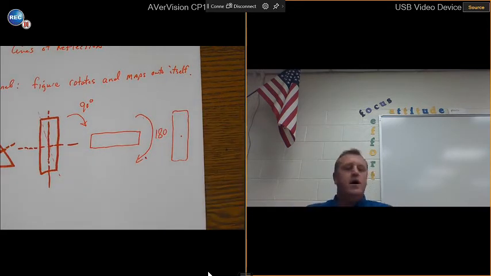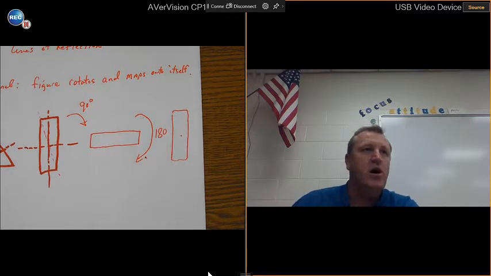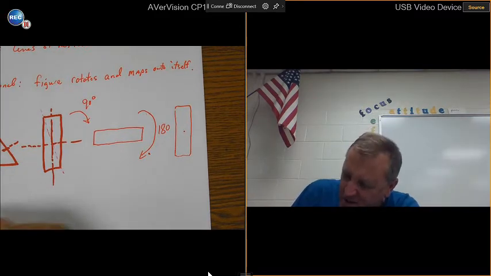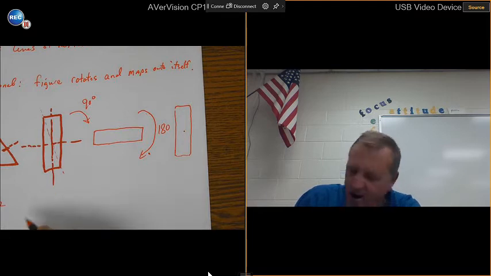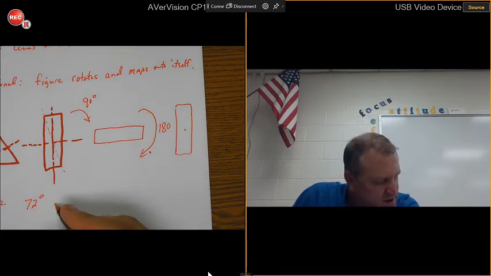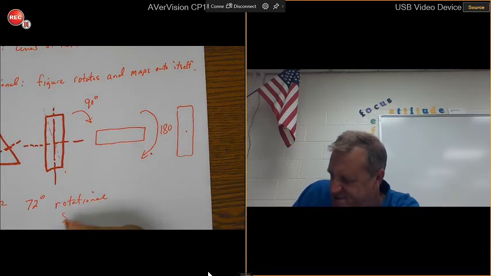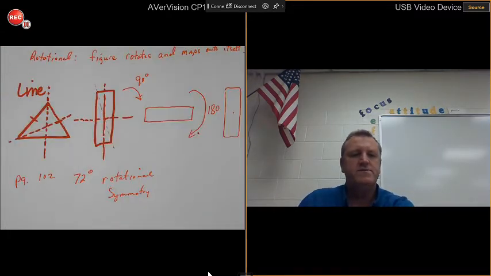All right, good. Turn to page 102, and you're going to see a star. On page 102, you're going to see a star, and it's going to say 72 degrees rotational symmetry. Does everyone see that? 72 degrees rotational symmetry.